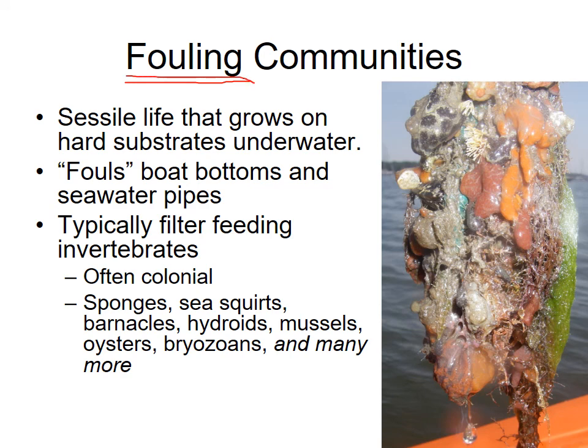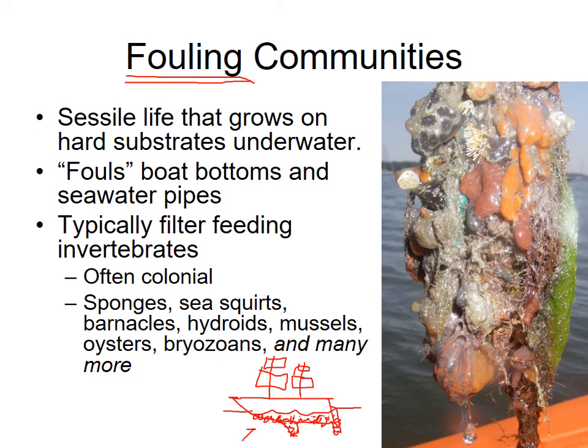So fouling communities are so named because, back in the days of ancient sailing ships and stuff, I'm drawing a sailing ship here, the bottoms of the boat hulls, when the ships were in the water, here's the keel of the ship, they would get, so here's some waves, they would get crusted over by seaweed and barnacles and things like that, to the point where, I forgot the rudder of the ship, to the point where it would really be slowing the boat down, and it would take like twice as long to deliver its cargo from Europe to North America or whatever route it was taking.